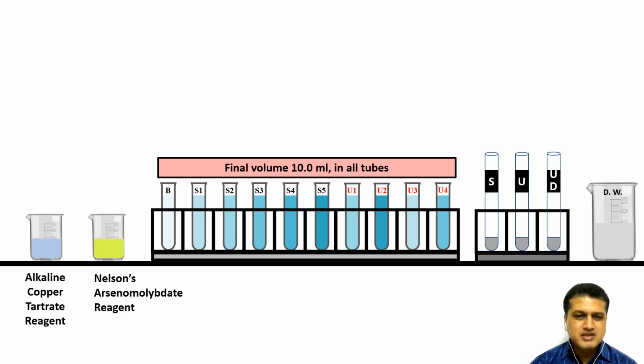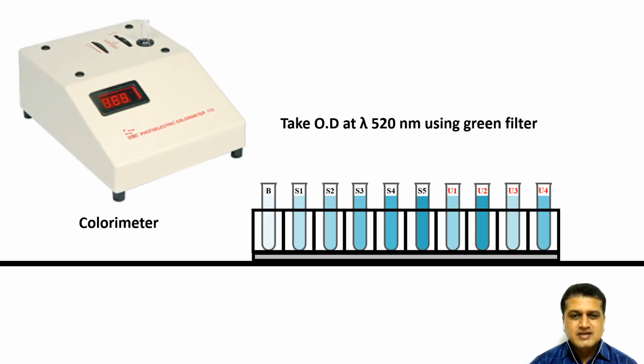Now, mix the content thoroughly by inverting every tube to get homogeneous blue color throughout the tube. To measure the color of the content, take OD of every tube at lambda 520 nanometer using green filter in colorimeter.